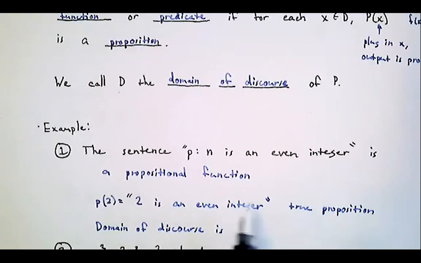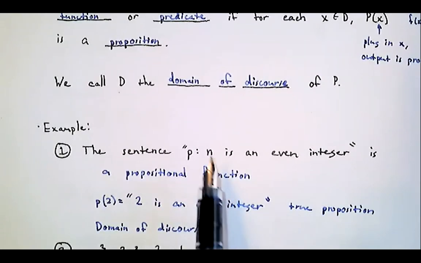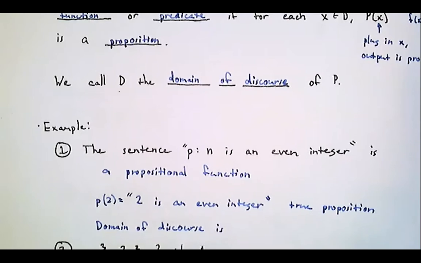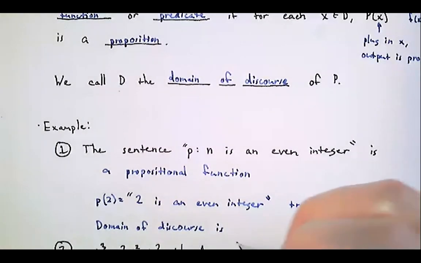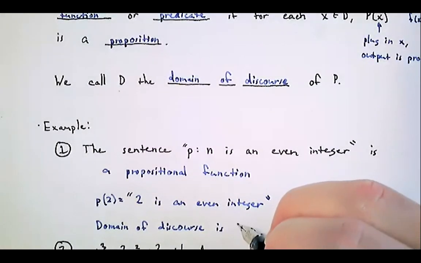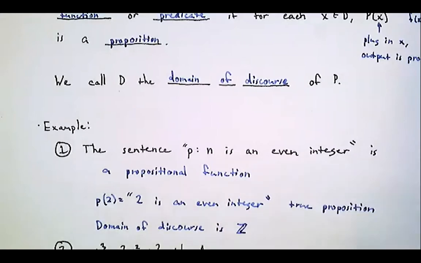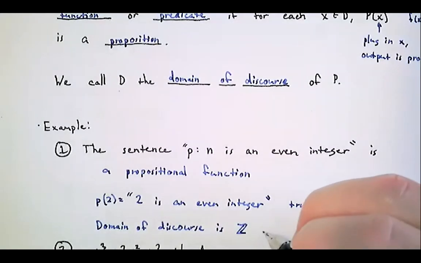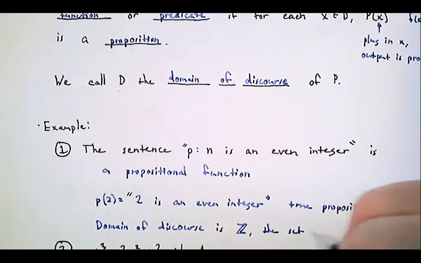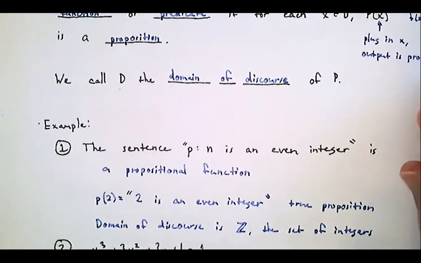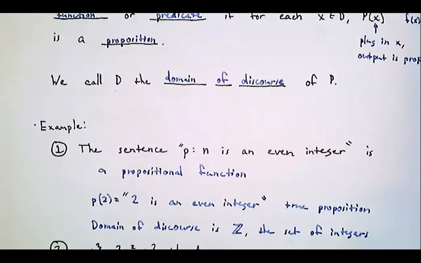But remember, it could be false as well. So we could have odd integers. In fact, we could have any integers. So odd or even, Z. Good. Any questions so far about this definition?